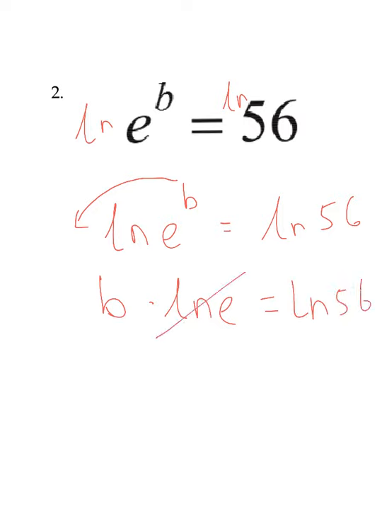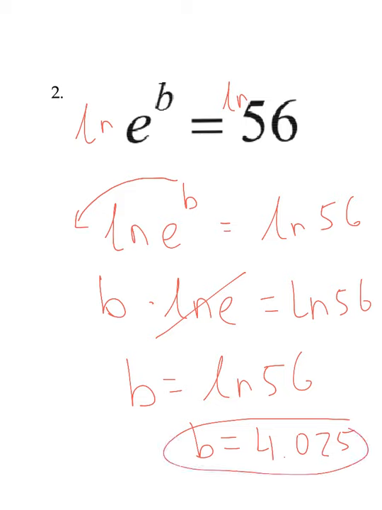Please remember, this is equal to 1. So b equals ln 56. If you use your calculator, ln 56, my calculator says b is equal to 4.025. In other words, using proper language, 4 and 25 thousandths.